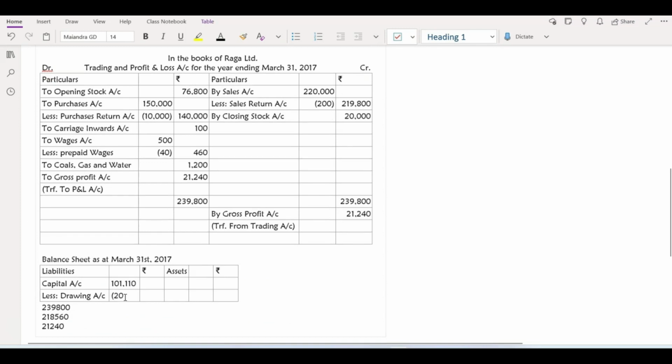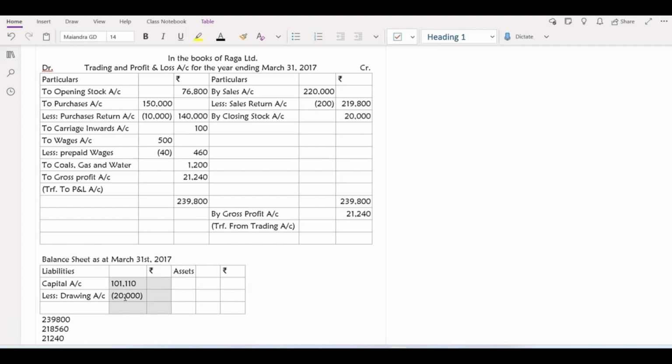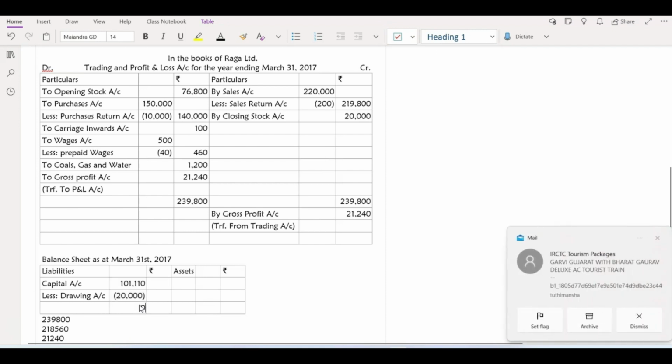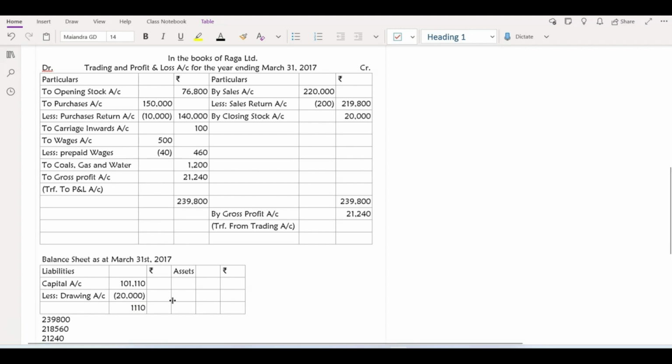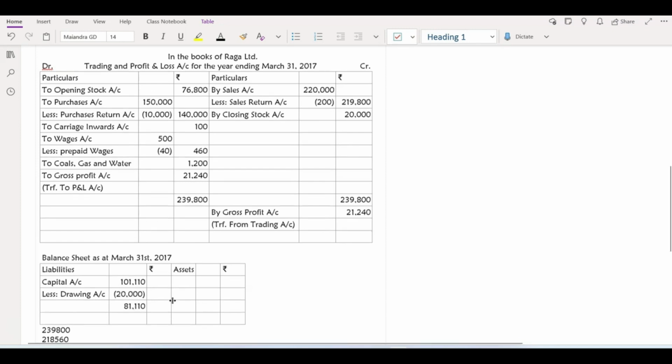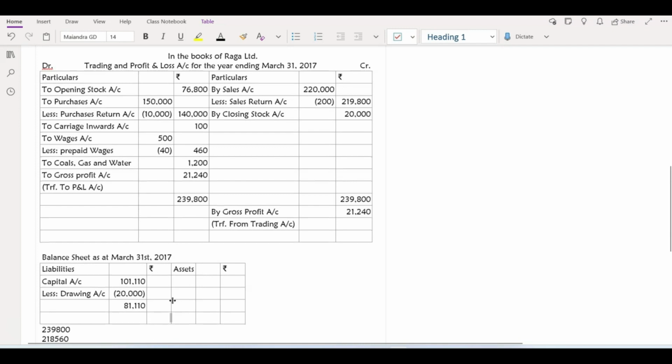Drawings 20,000 rupees. 81,110 it is coming.